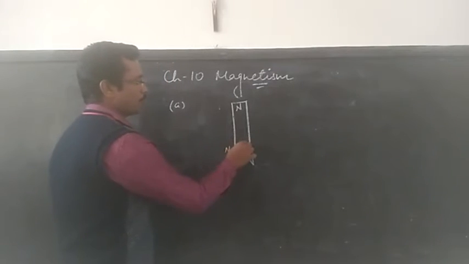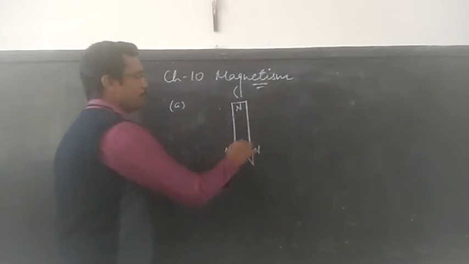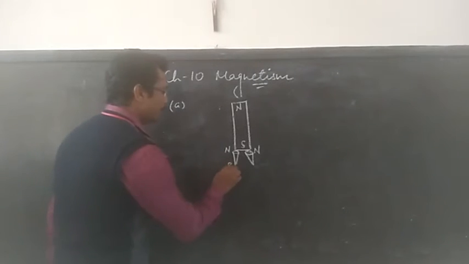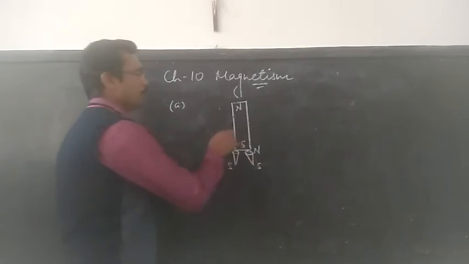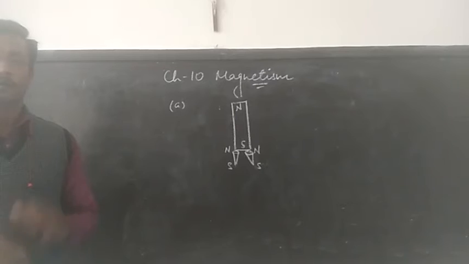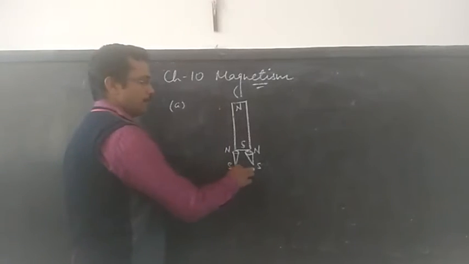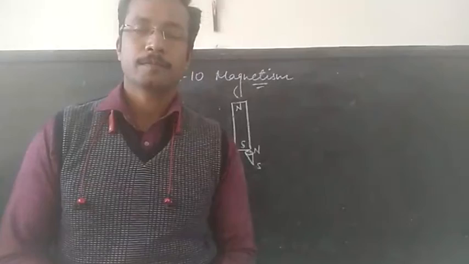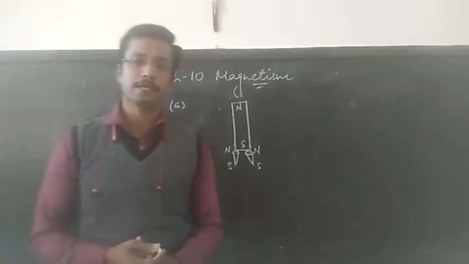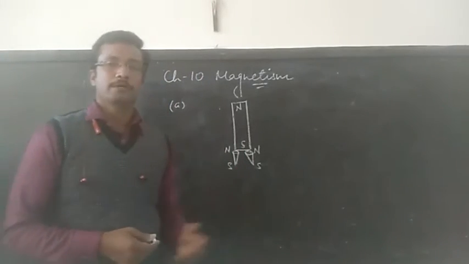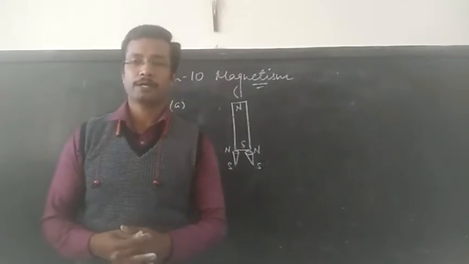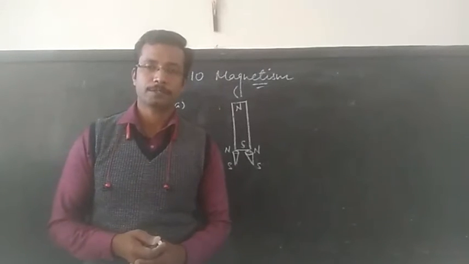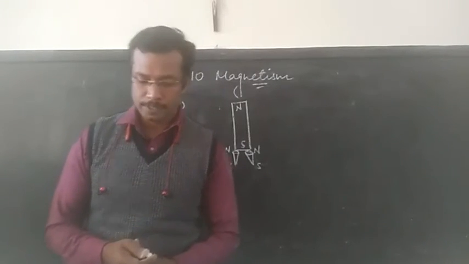If this is the south pole of the magnet, the two heads will acquire the opposite pole, and the tails will acquire the same pole, that is south pole. Now because the tails have the same poles, and we know like poles repel each other, these two tails are going to repel each other, and they move apart. This is the reason.